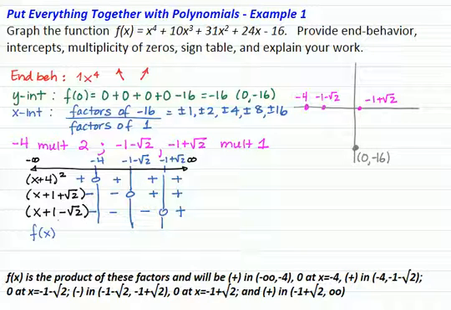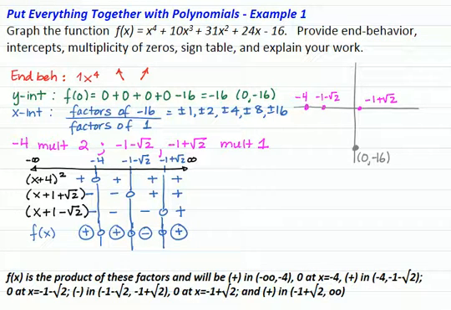So from negative infinity to negative 4, it's going to be positive. It's going to be 0 at x equal to negative 4. Positive between negative 4 and negative 1 minus square root of 2. 0 at x equal to negative 1 minus square root of 2. Negative in the next interval, 0 at the next zero, and positive in the next interval.